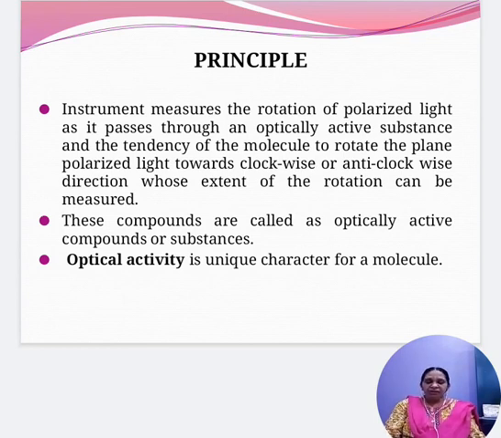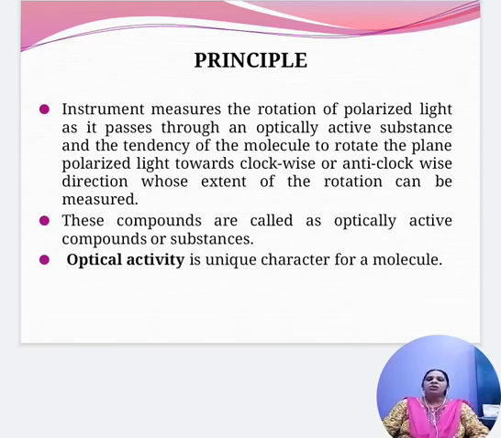You are going to take an optically active substance.